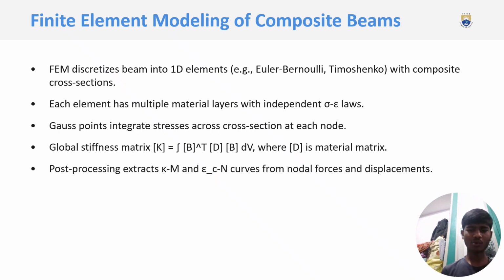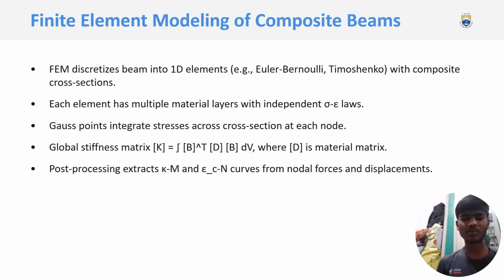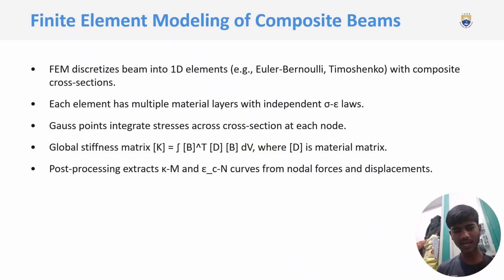Finite element modeling of composite beams. FEM discretizes the beam into 1D elements with composite cross sections. FEM means finite element modeling. Each element has multiple material layers with independent stress-strain laws.